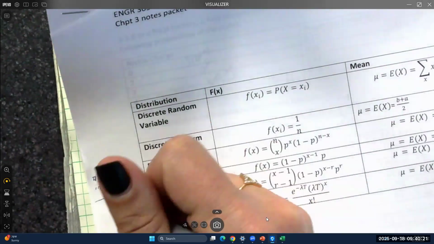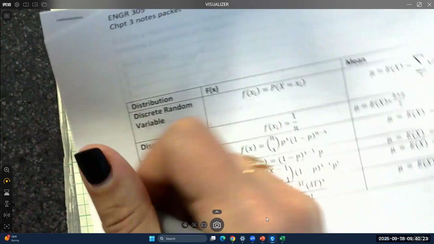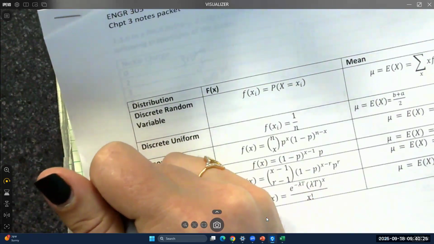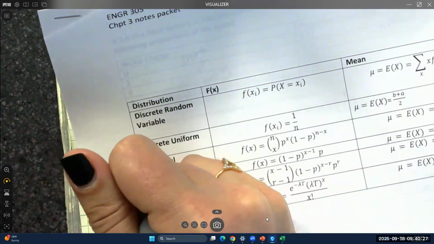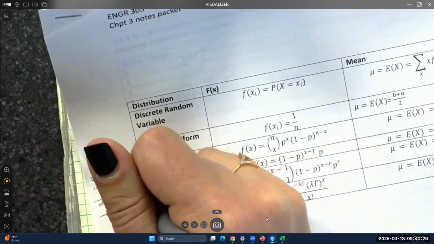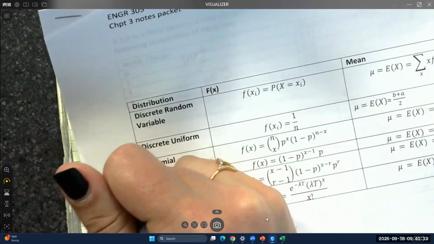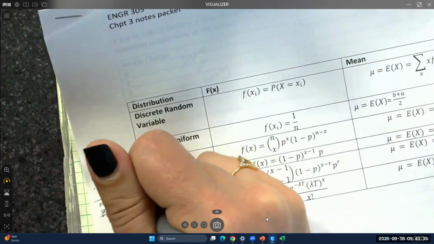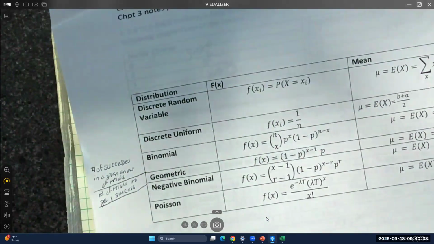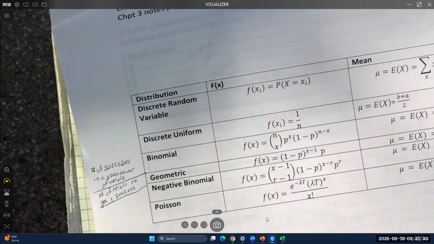My geometric is number of trials needed to get 1 success. So in this case, the number that I'm trying to find is how many trials does it take?